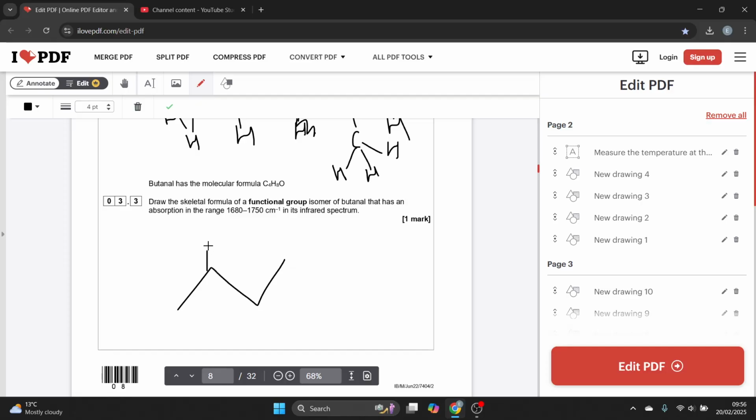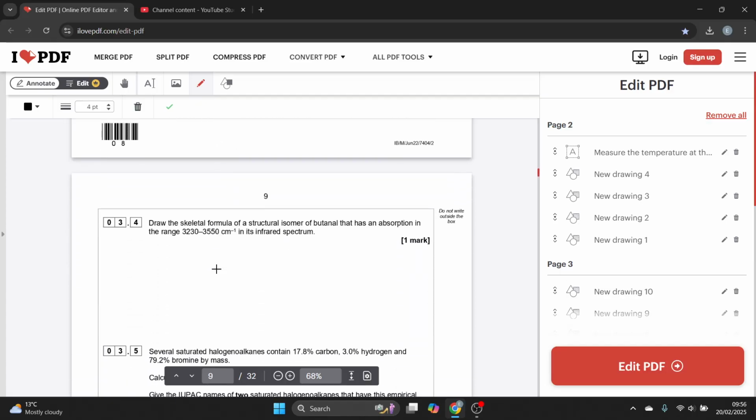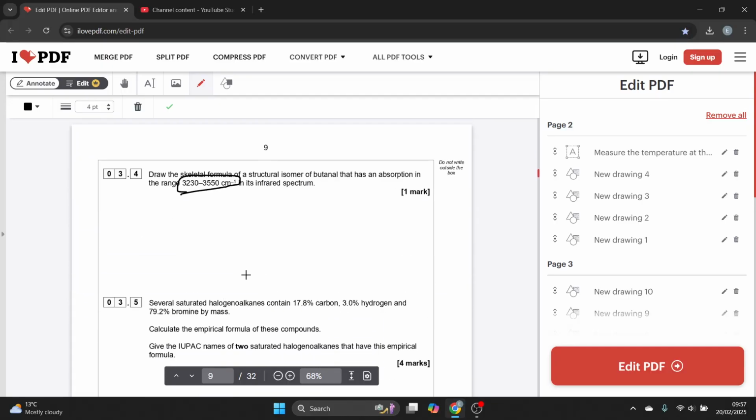Next, draw the displayed formula of a structural isomer of butanol that has absorption in this range in its infrared spectrum. So it's going to have an OH group like butanol, but it's a structural isomer. So I could just have it like this.